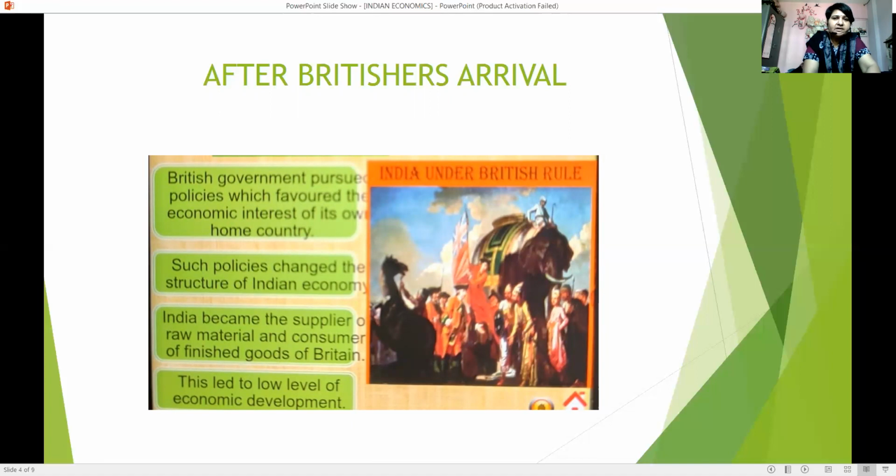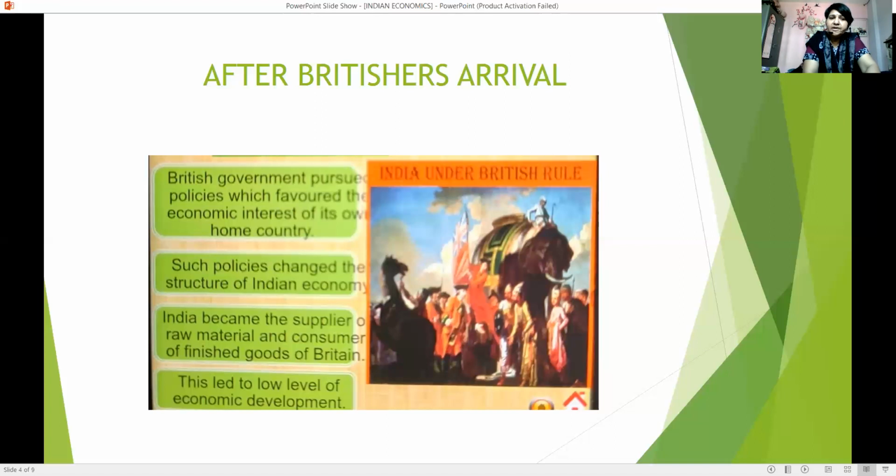If I'm talking about artisans or other types of handicraft items, and India was very good in cotton textiles. India's cotton, silk, raw silk, many things were famous worldwide. All this was totally ruined because of the policies made by the Britishers.